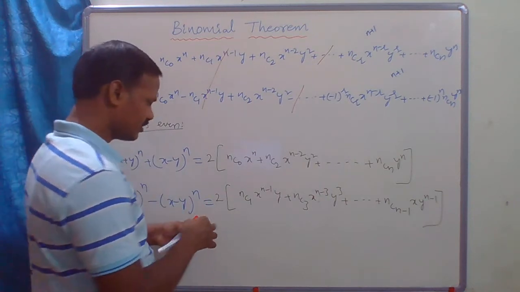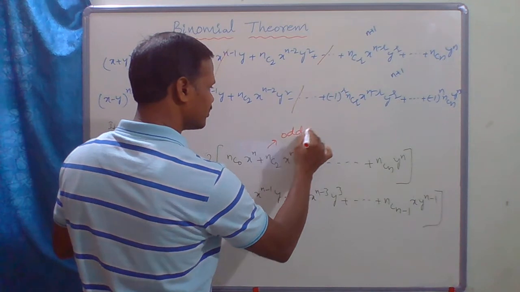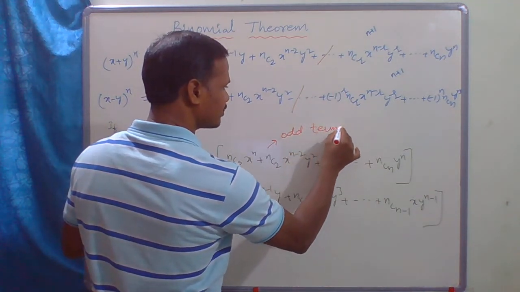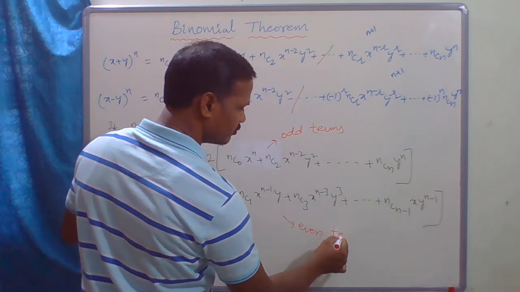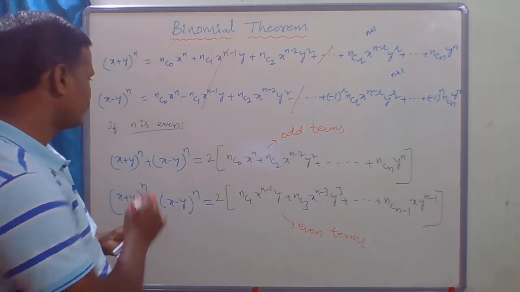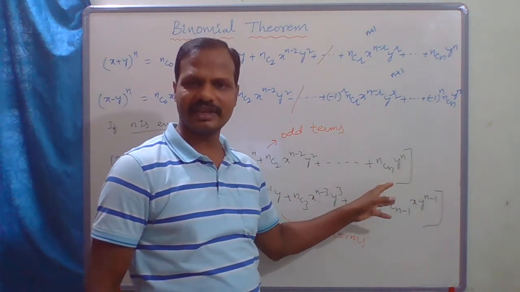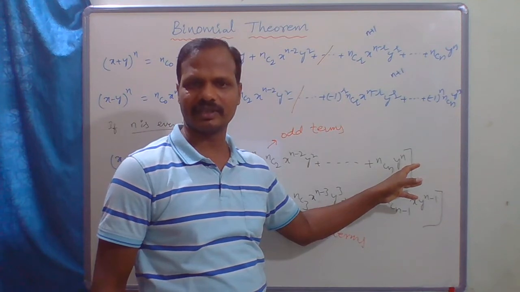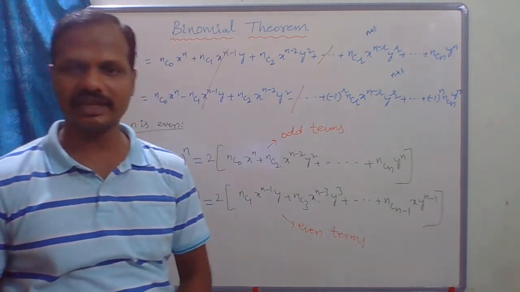See, these are odd terms, these are even terms. Similarly, if n is odd, then the last term will be changed. Here nC(n−1) x y^(n−1) is there, here nCn y^n is there. Clear? Okay.